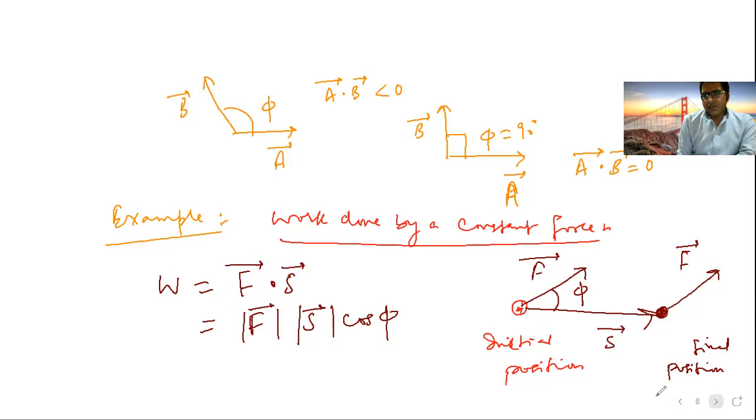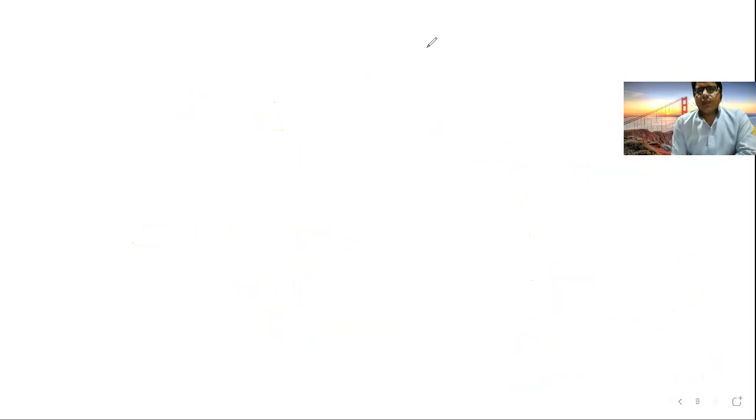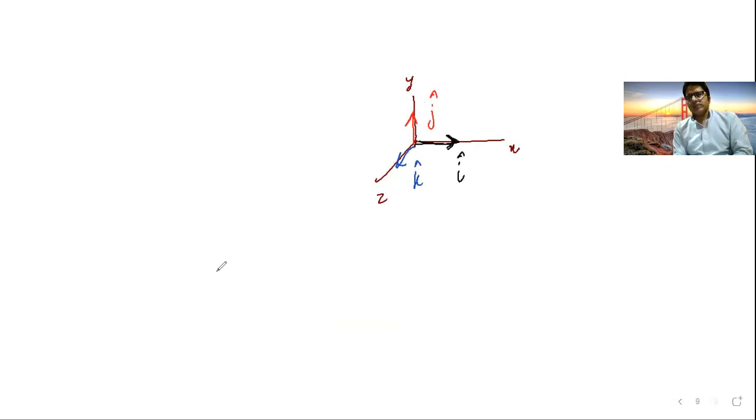Now another thing, I have already said that we have three spatial unit vectors, right? I cap is unit vector along positive x-axis, j cap is unit vector along positive y, and k cap is unit vector along positive z direction, right?